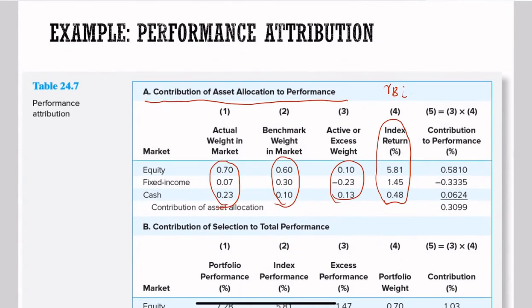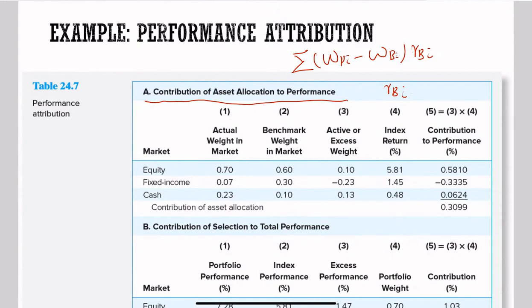Remember that the asset allocation is calculated by this formula, right? So basically we will use the difference in the portfolio weight times the index return. Here, this is 0.1, this is 5.81, right?